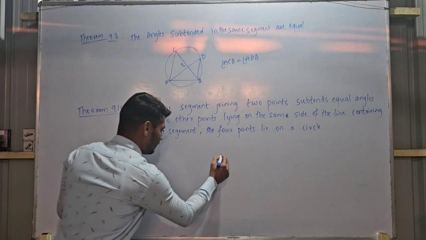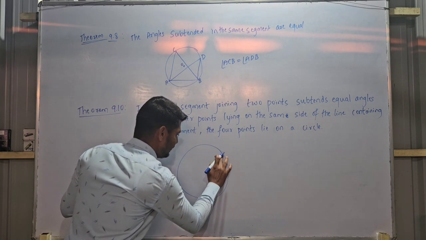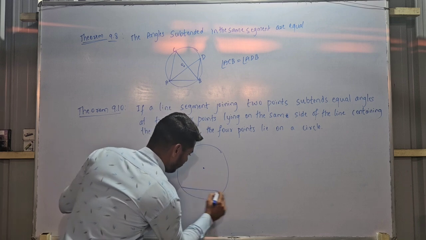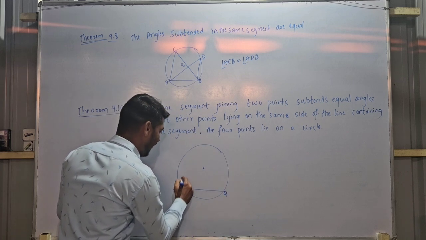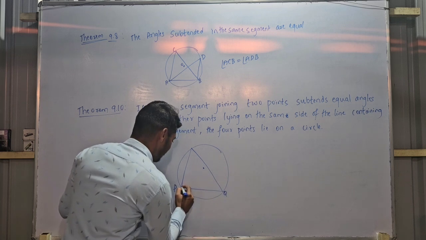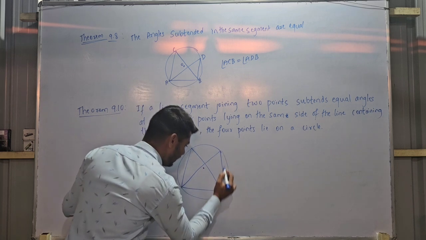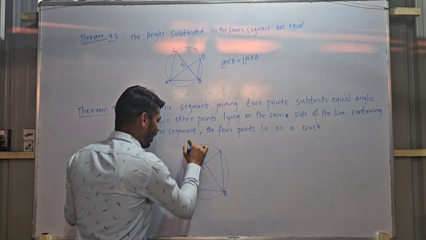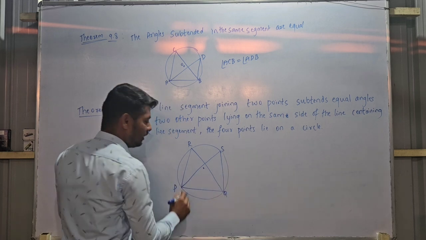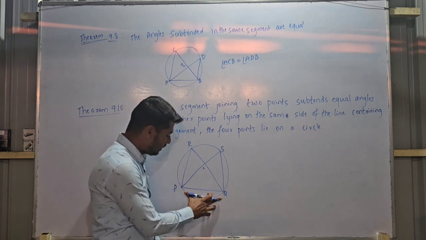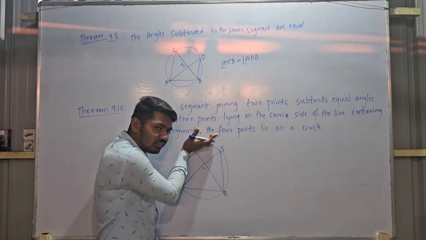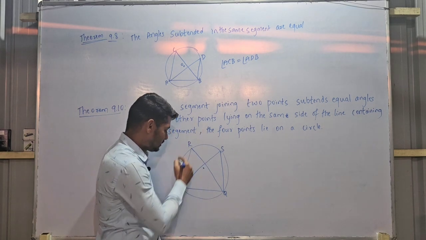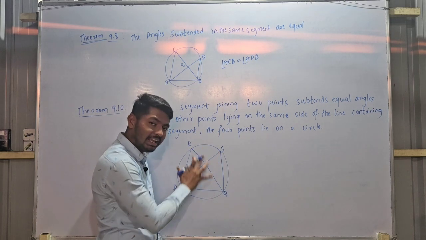That means there is a circle with center O, chord PQ. If a line segment subtends equal angles at two other points, let us call them R and S, here the line segment PQ is subtending two equal angles on the same side of that line, then all four points lie on the circle.